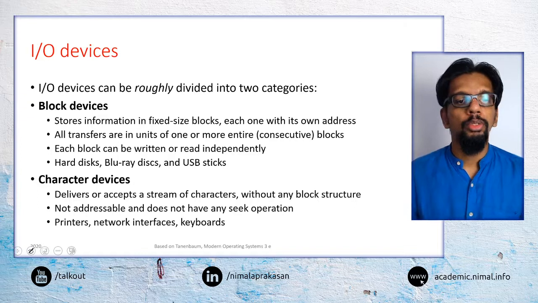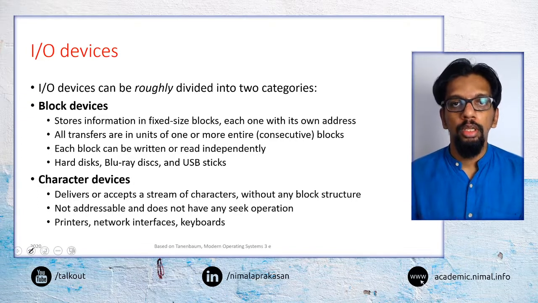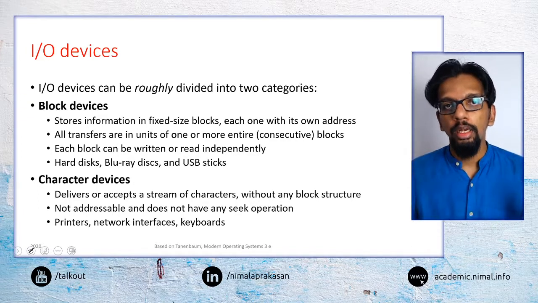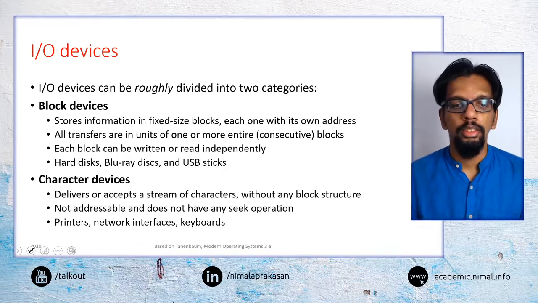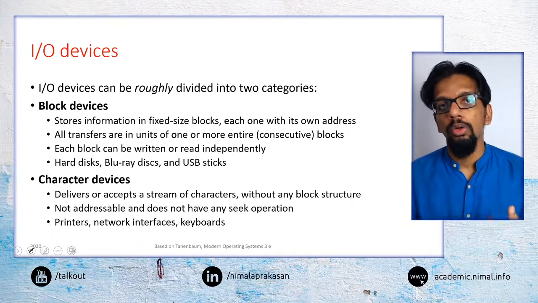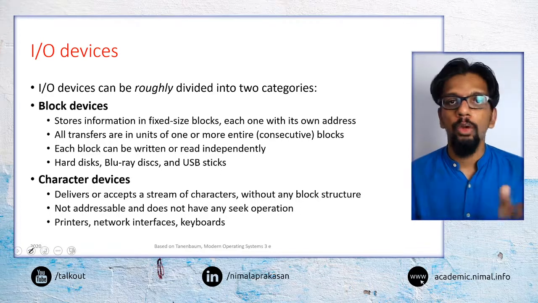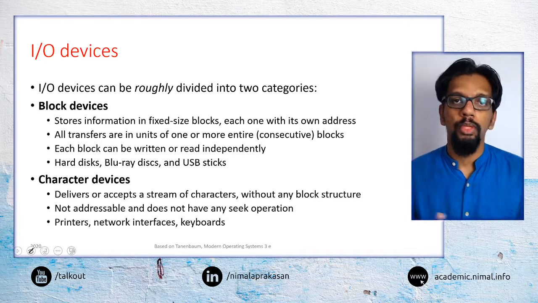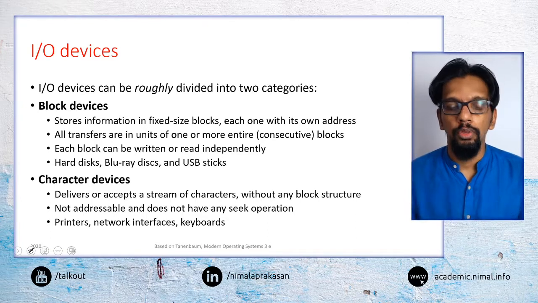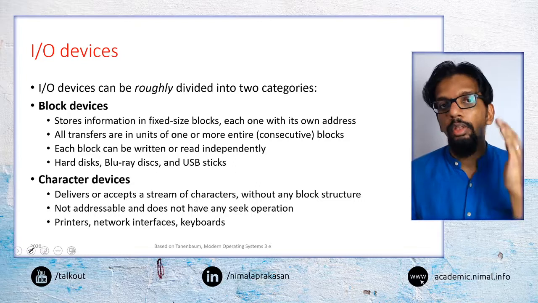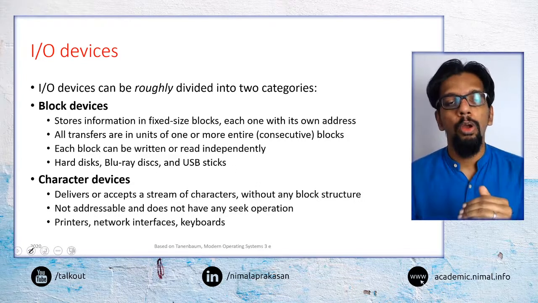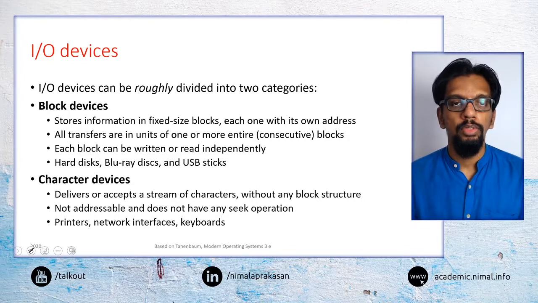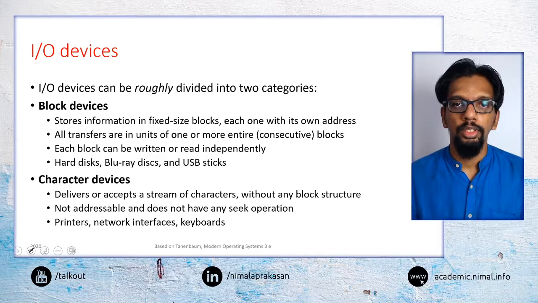So when it comes to input-output devices, we can divide them into two main categories. Not all the input output devices may fall into these categories exactly, but these would be covering most of the input output devices into one of these categories. So the first one is what we call block devices, and the second one is what we call character devices.